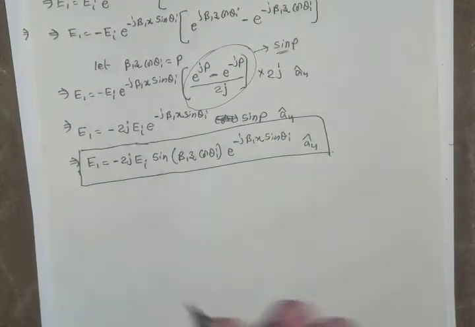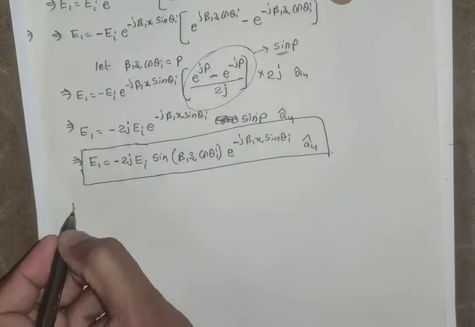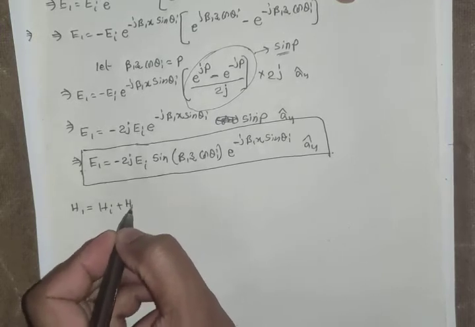Now similarly we have to bring the corresponding mathematical equation for H1 also. As we have, the total magnetic field equals Hi plus Hr.